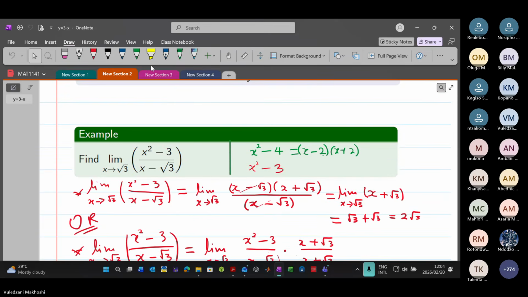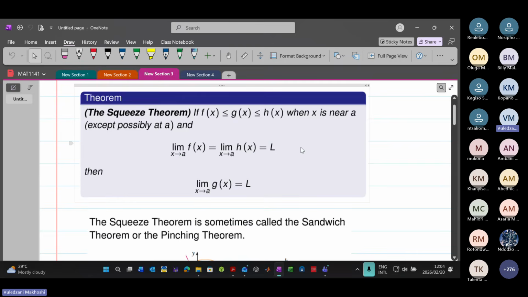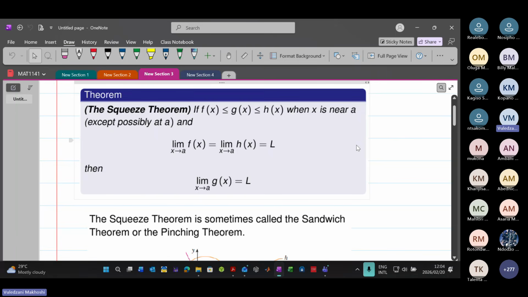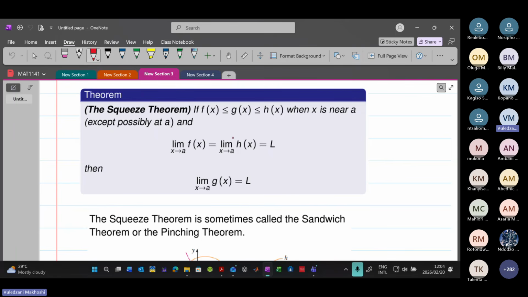So this is the squeeze theorem. The squeeze theorem simply tells us that if we have three functions, say you have a function f of x, as you can see, we have a function f of x here. And this function is less or equal to another function g of x.